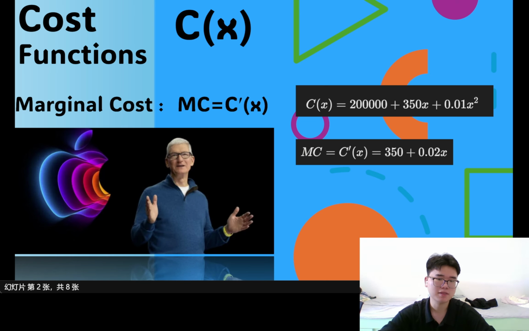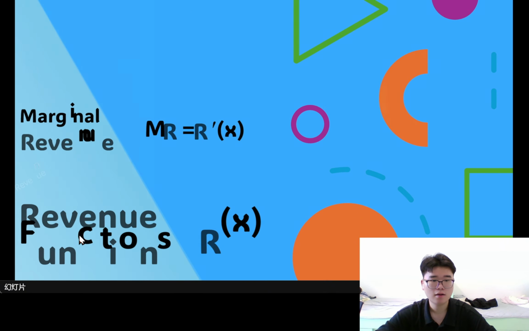This example may not be so appropriate, but I hope it can help you to understand the marginal cost. Okay, let's go to the next part.